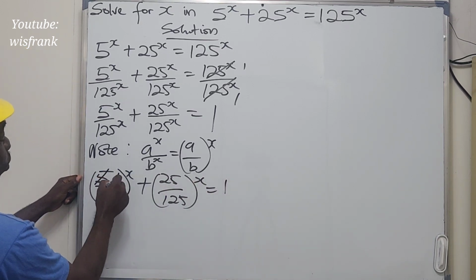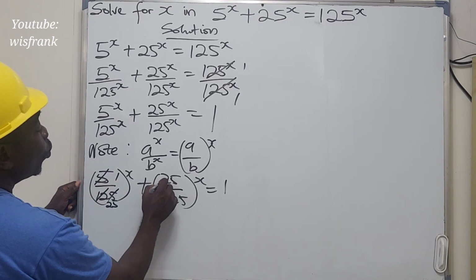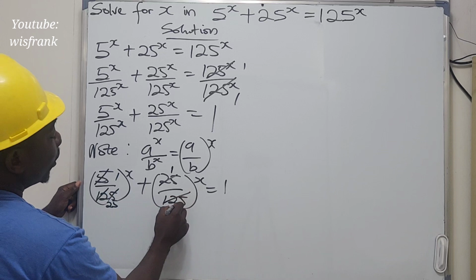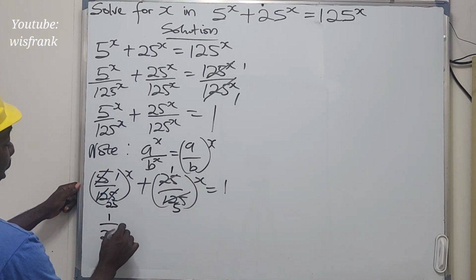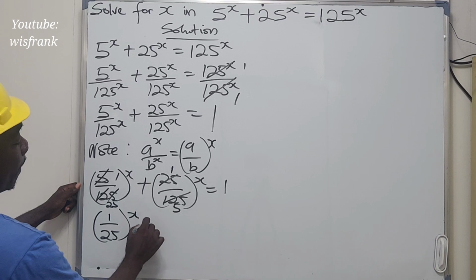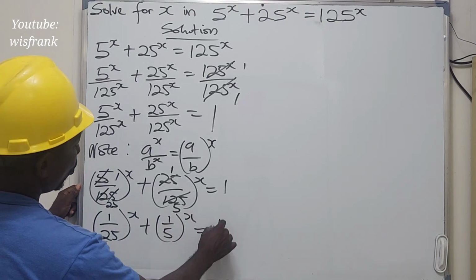Here 5 will cancel here 1 and 5 will cancel here. We have 25. 25 will cancel here 1 and 25 will cancel here 5. So we are now left with 1 all over 25 all to the power of x plus 1 all over 5 all to the power of x equals 1.